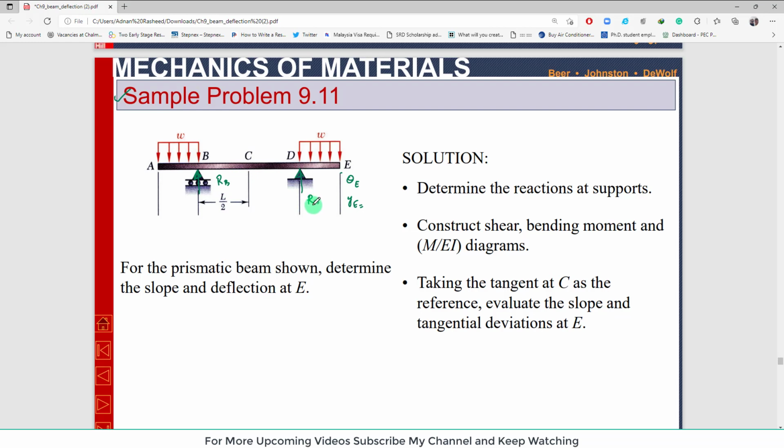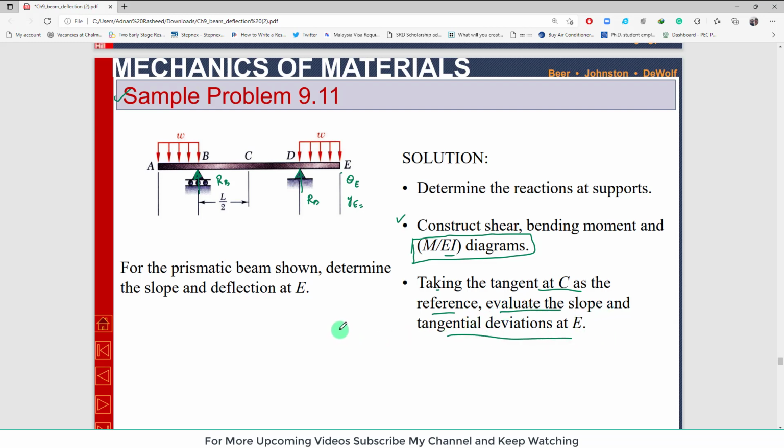Then you have to draw the shear force and bending moment diagram, and when you get the bending moment diagram you can divide each point of the bending moment by EI, so you will get the same shape diagram, but it will be the M over EI diagram. The shape will be the same, only the numerical values will change, clear. Once you get the M over EI diagram, you can use the area moment theorem to find the slope and deflection. Taking the tangent at C as the reference, evaluate the slope and tangential deviation.